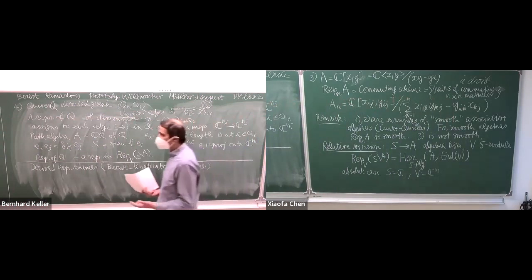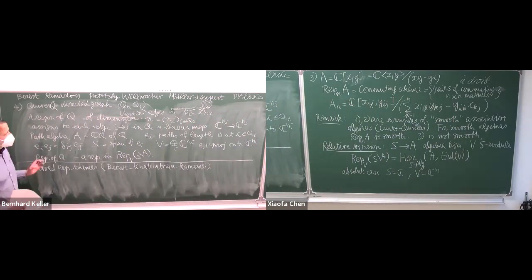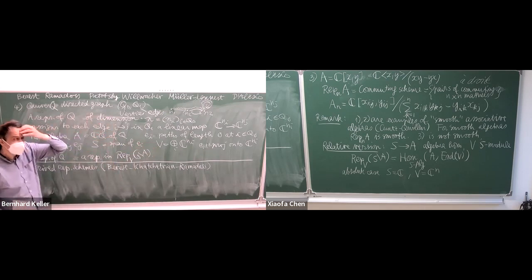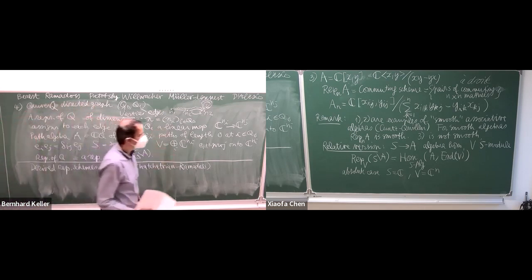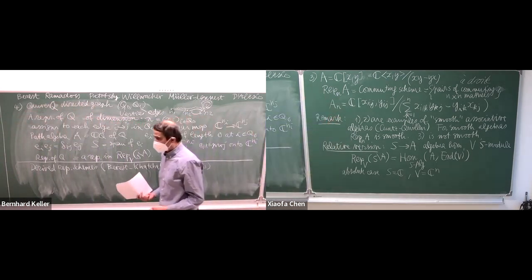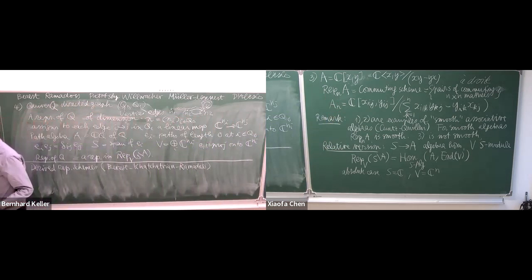And then what they say is that the non-commutative geometry of an associative algebra A should be encoded in the commutative geometry of all these Rep_n of A, for each n. These A_n are commutative algebras, so you have infinitely many commutative algebras, which are algebras of functions on some scheme, and they should encode the non-commutative algebra.